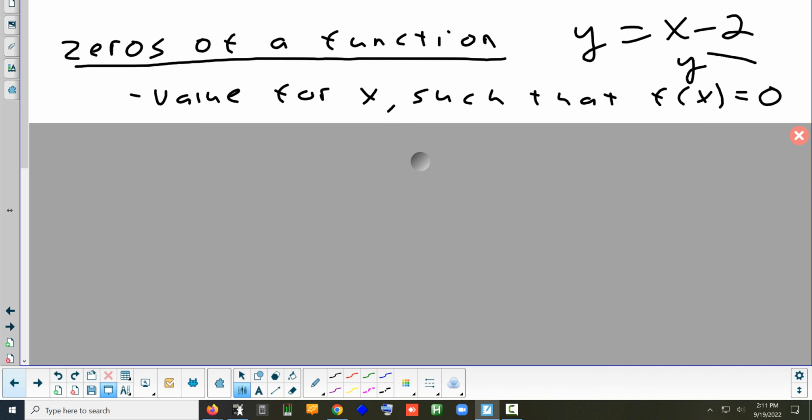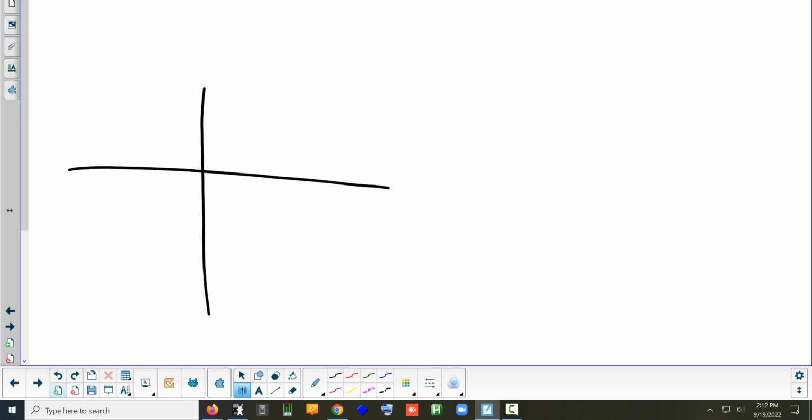So think about this for a second. The y value comes out to 0. Can somebody give me a coordinate that has a y value of 0? Any coordinate you want. 4, 0. Right there.